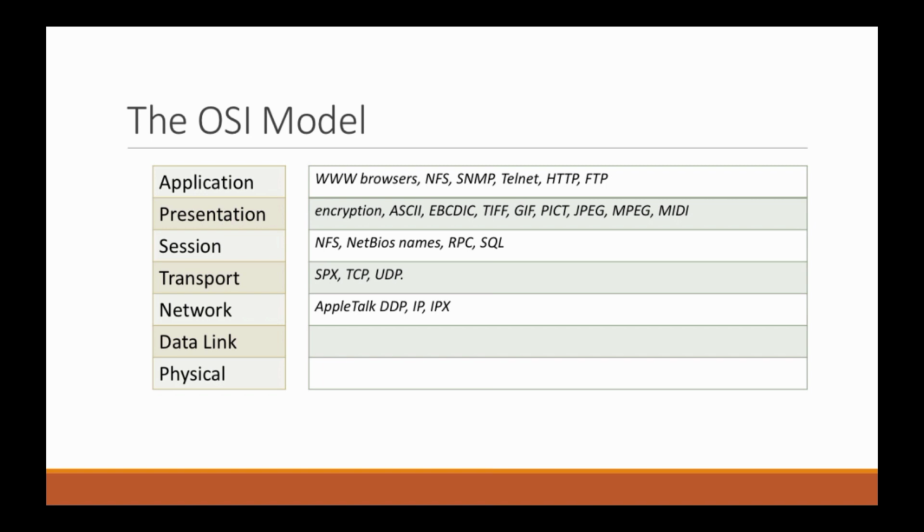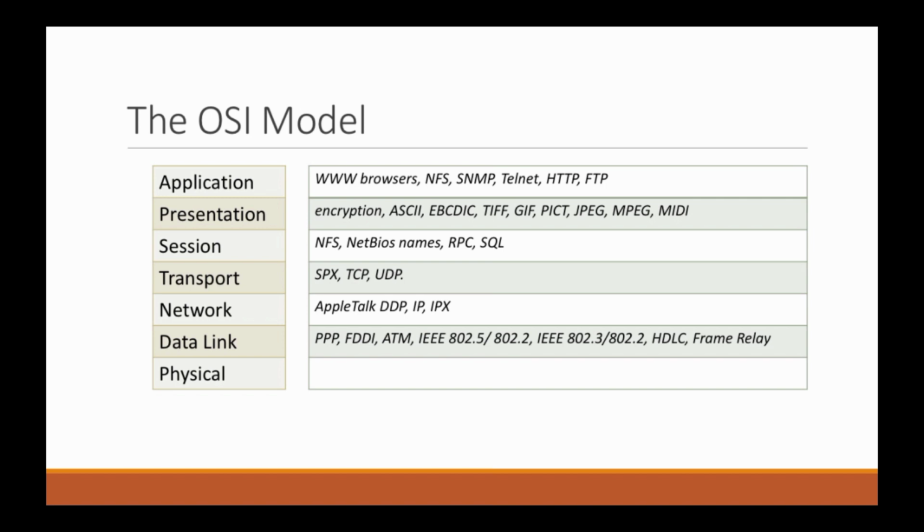The MAC sublayer controls how a computer on the network gains access to the data and permission to transmit. The LLC controls frame synchronization, flow control, and error checking. And within that you would have PPP, FDDI, ATM, IEEE, HDLC, and frame relay.